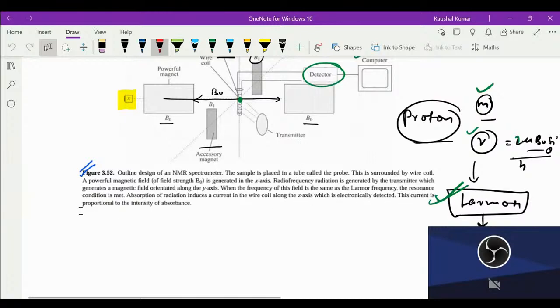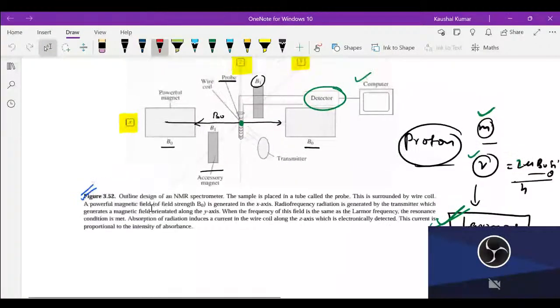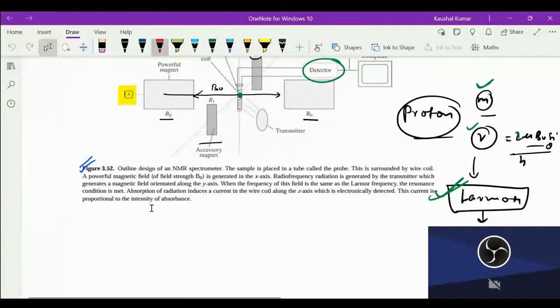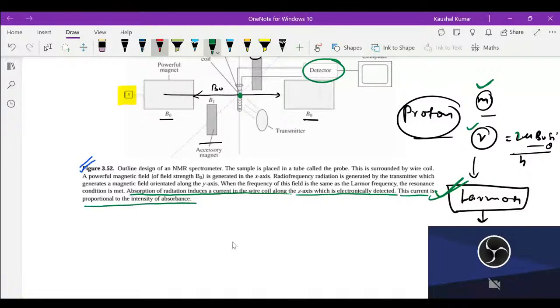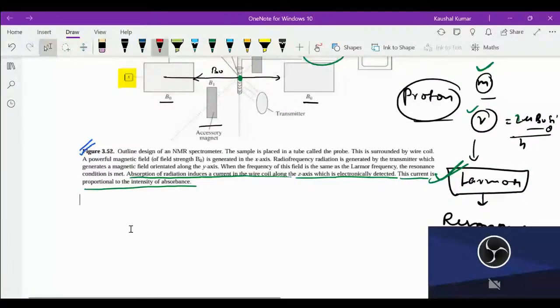This current is proportional to the absorbance. This is an important line: absorbance of the radiation induces a current in a wire coil along the z-axis, which is electronically detected. This current is proportional to the intensity of the absorbance. Got it? I hope you understood.